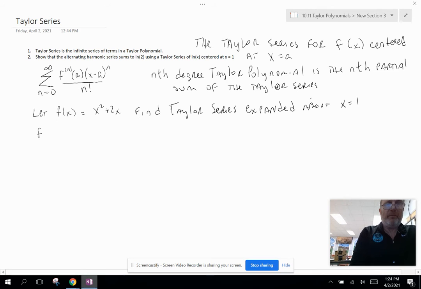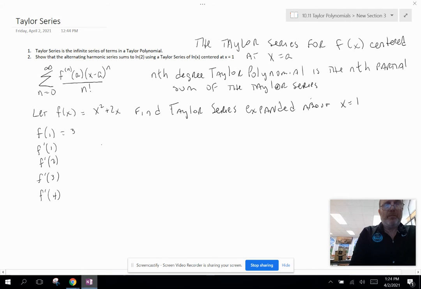So this is going to be the sum. We're going to need to find f of 1, f prime of 1, and f double prime of 1. After f double prime of 1, the third derivative of a second degree polynomial is going to be 0, but we'll show you f triple prime and f fourth derivative. So f of 1 is easy to find, that's 3.